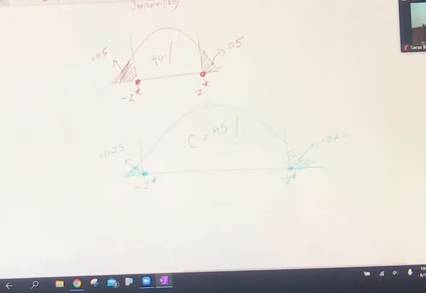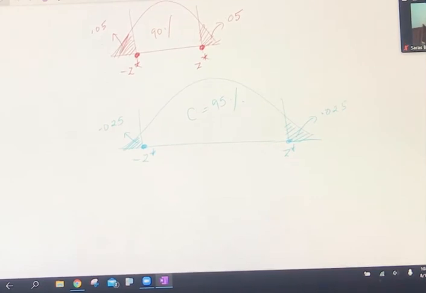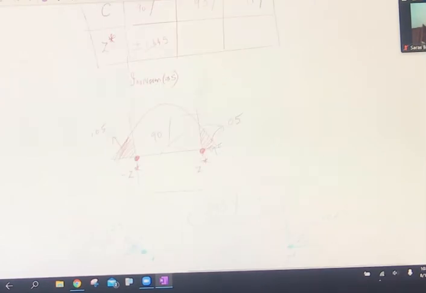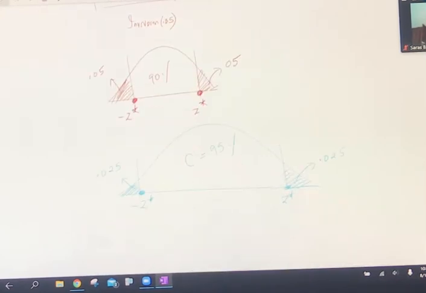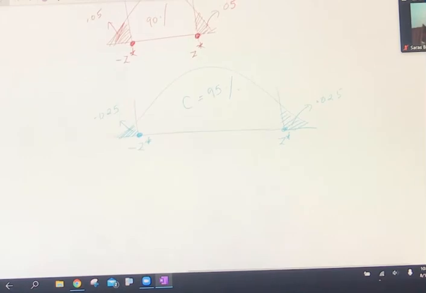All right. So the next one is going to be another diagram where you are going to have 99 percentage. So let me complete the table here, which is going to be plus or minus 1.96, plus or minus 1.96. That's right. Okay. All right. So the last diagram is going to be for 99 percentage.